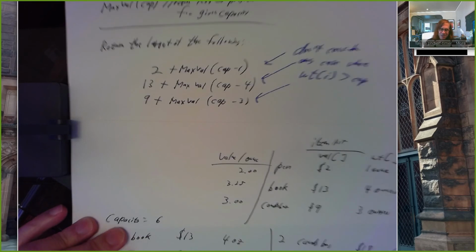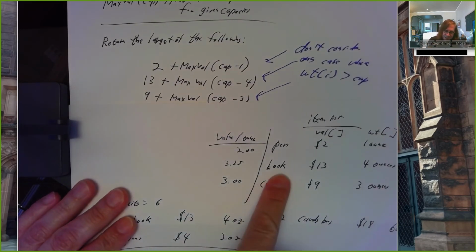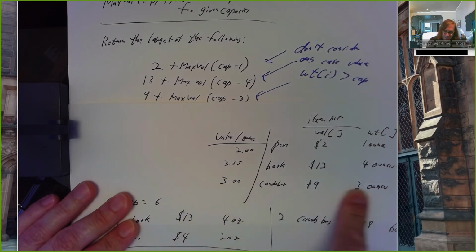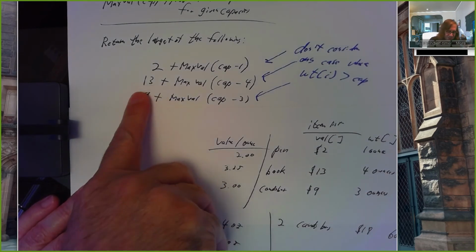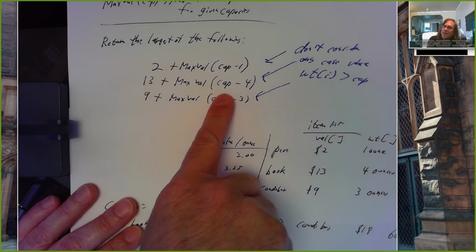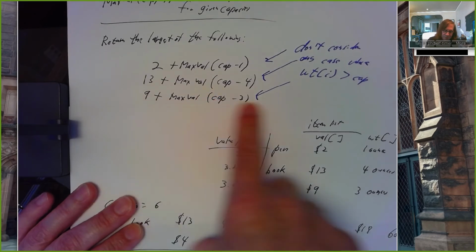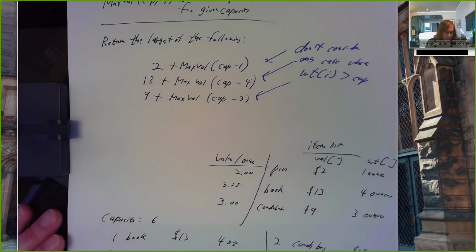If the capacity of my bag is only 1 ounce, I'm not allowed to consider the possibility of starting off by putting a book in, because a book weighs 4 ounces. And this would say, if I put a book in, I can get $13 plus whatever I can get out of a bag with a capacity of -3 ounces, and that doesn't make sense. So we don't want to consider any of these cases.